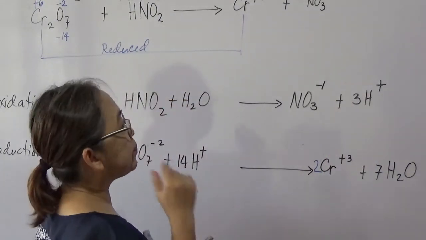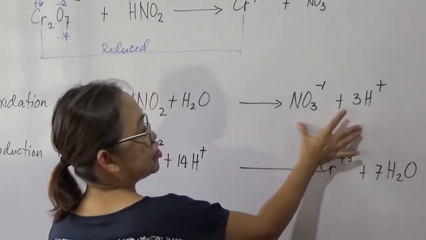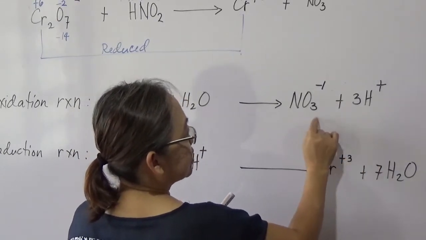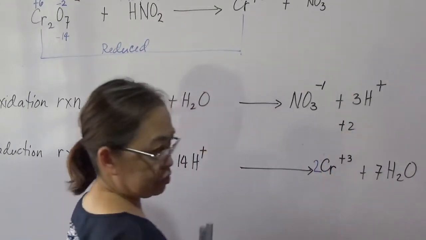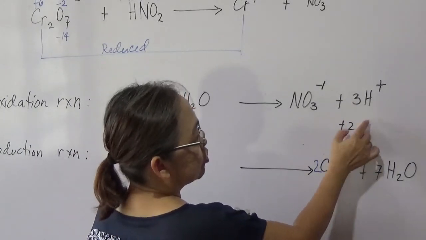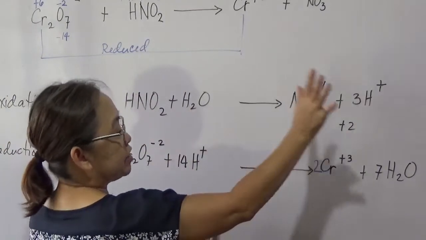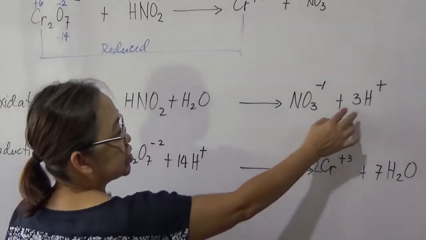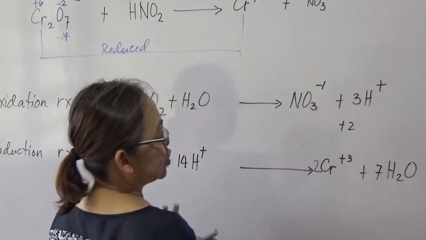So the total charge here is +3, -1, so the total is +2. Okay? The total is +2. In order to balance the charge, since you have your 0 charge, it should be on the other side also 0 charge. So since the sum here is +3, -1, the total is +2.